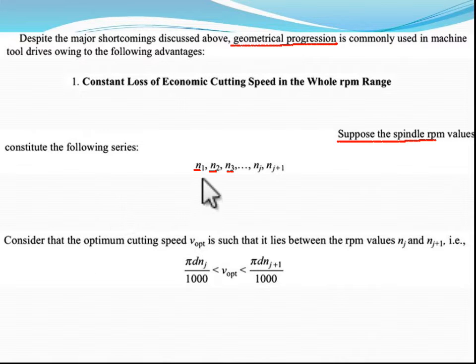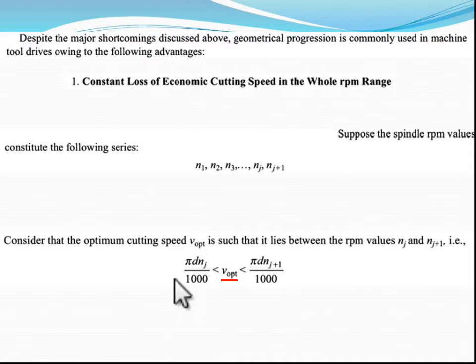In our earlier analysis we had 12 steps, so Nj plus 1 would be N12. Now consider that the optimum cutting speed V optimum is such that it lies between a certain speed Nj and Nj plus 1. So between Nj and Nj plus 1 your V optimum will lie.